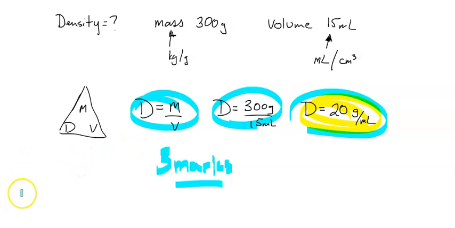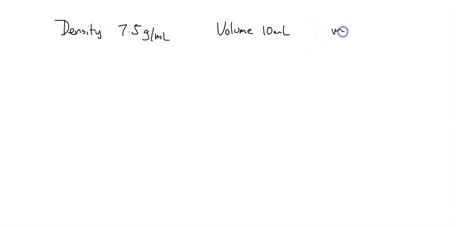Let's go through a second example. In this example, we've got a density of 7.5 grams per milliliter and a volume of 10 milliliters. And we want to know what is the mass of this particular object.